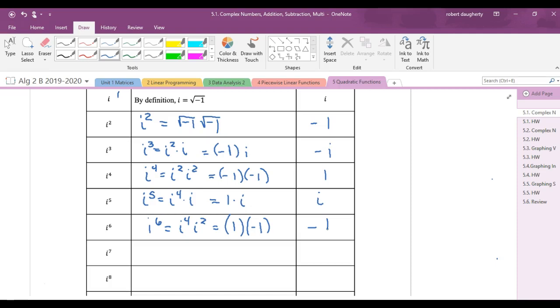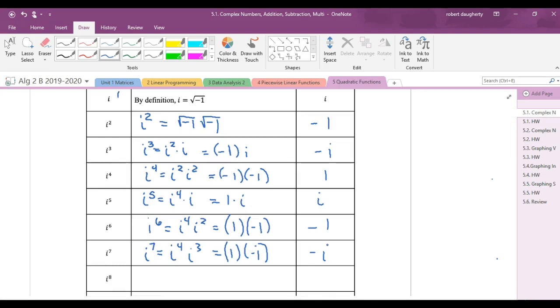I to the seventh. I to the seventh can be written as I to the fourth times I cubed. All right. What's I to the fourth? 1. What's I cubed? Negative I. So this is what? Negative I. What do you think I to the eighth is?